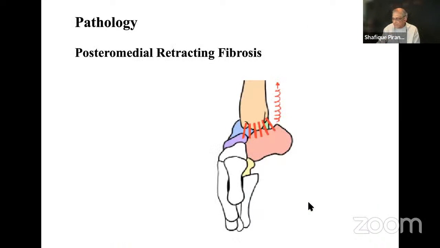We talked last time about pathology, and to start the ball rolling, I just wanted to focus again on what Dr. Ponseti has described as the pathology, as this is what we need to correct.